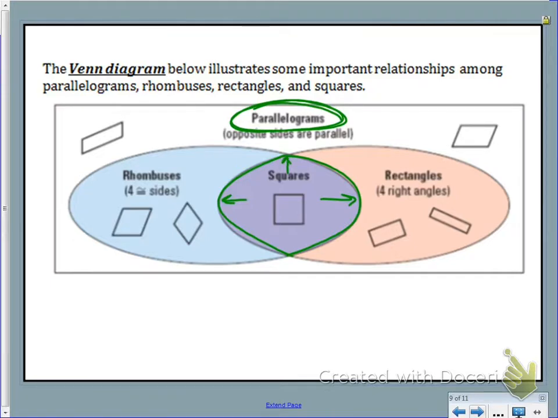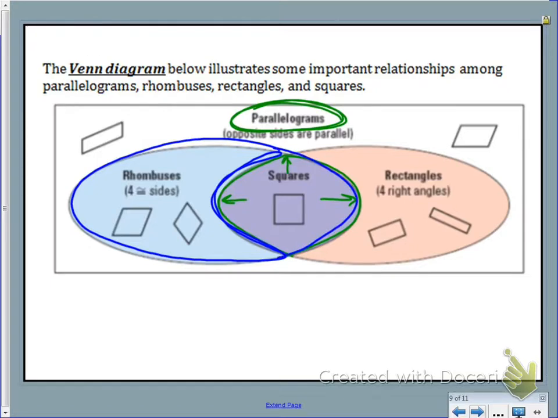Whereas a rhombus holds the traits of a parallelogram because it's within that, but it does not hold the traits of a square. Now, keep in mind, some of the rhombuses do overlap. So some of the rhombuses will also hold the traits of the square, but not all.